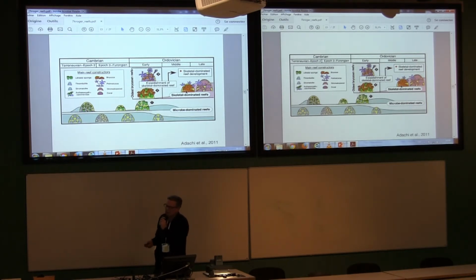And actually, when you review the literature, you see that these types of reefs are really common and widespread in many Ordovician places, and not only in Ordovician places, but in Silurian and in Devonian reefs. So this was something that was established during the Middle Ordovician and became a dominant mode of reef forming during the late Ordovician.